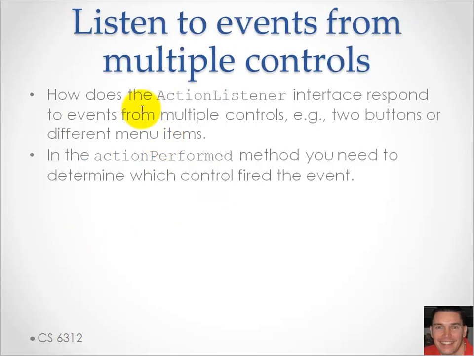What happens if I have multiple events or multiple controls on my frame? How does my action listener know which button was invoked if I've added that particular class as a listener for all of my particular buttons? So what you need to do is there was a parameter for the action performed method which has some information about the object that fired the event.